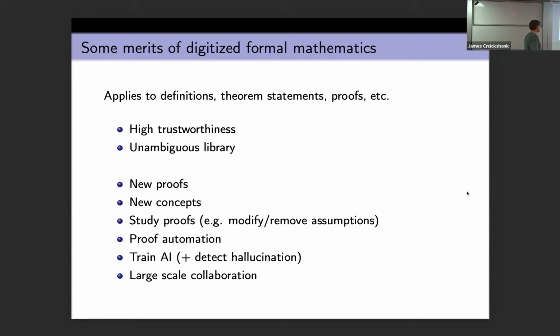This is definitely not the last merit, but it is the last one on the slide. There are more reasons why formalization is interesting. Another thing is that it's fairly easy to do large-scale collaboration on mathematics. I think Alain will show you an example of a big blueprint. If you want to do a big formalization project, you can chop it up into all kinds of little lemmas, definitions and theorems, and make a graph of how everything is connected.